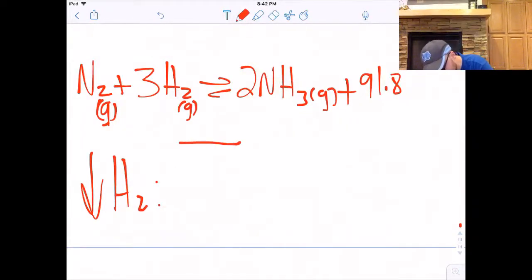So this will cause a decrease in NH3, because there's less H2 reacting to form NH3, which means NH3 is breaking down faster than N2 and H2 are reacting. So you're going to get an increase of N2 and H2 until we reach equilibrium again. So this is a shift left.